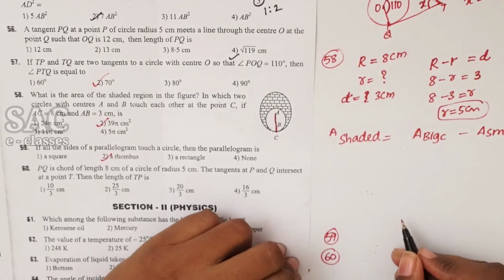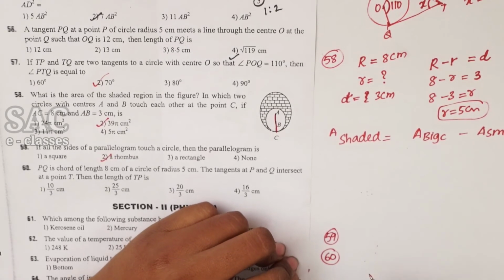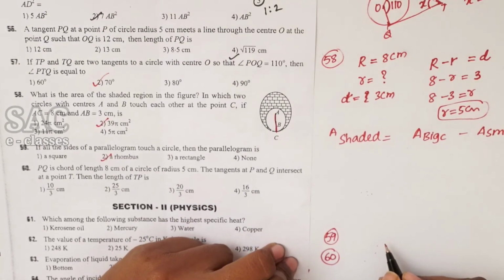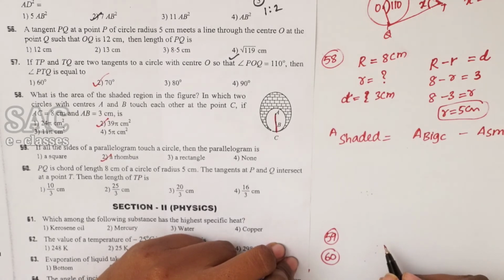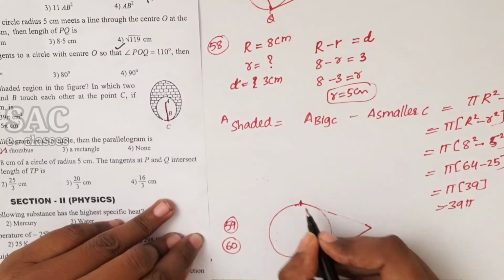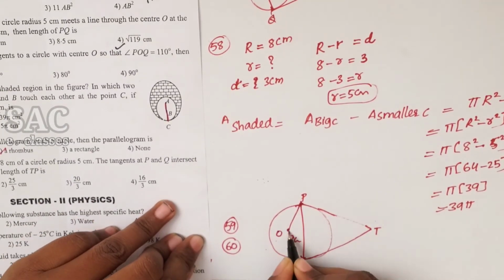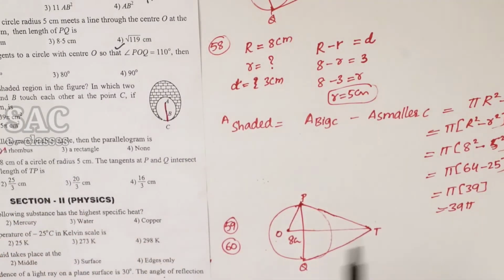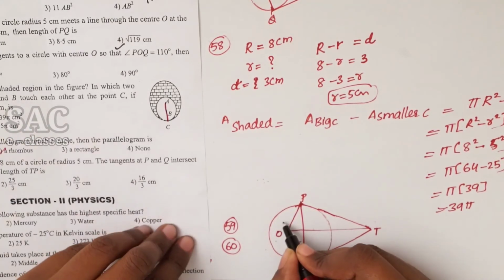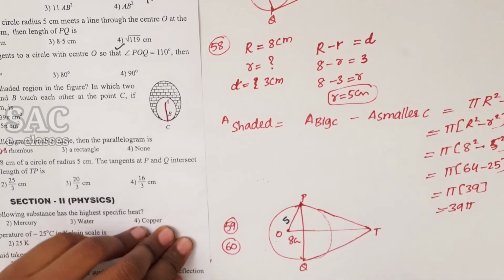PQ is a chord of length 8 cm of a circle of radius 5 cm. Tangents at P and Q intersect at a point T. Then find the length of TP. Now look at the given figure. Here OP is the radius, which is 5 cm.